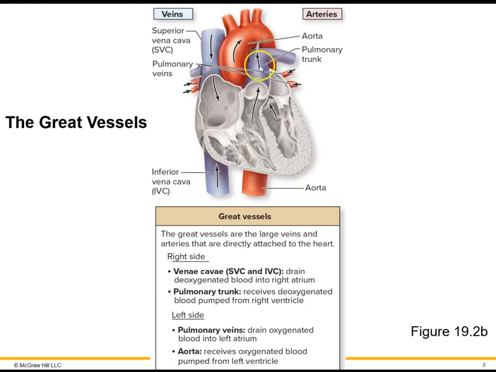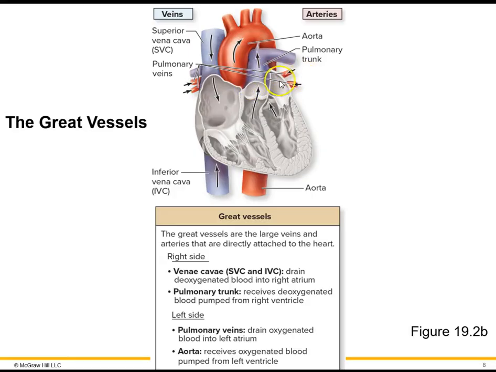Remember, this is an artery because it's transporting blood away, artery away. And then that blood goes to the lungs, it gets oxygenated, it comes back through these guys, the pulmonary veins. And it's kind of hard to see, but these pulmonary veins extend all the way over and kind of plug into the posterior portion of the left atrium.